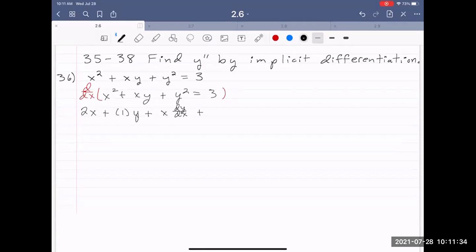So I found the derivative of x squared, which is 2x, and the derivative of xy, which is y plus x y prime. And now let's take the derivative of this term. Well, I'll use the general power rule. I'll bring the exponent out in front, rewrite what's inside, all times the derivative of what's inside.